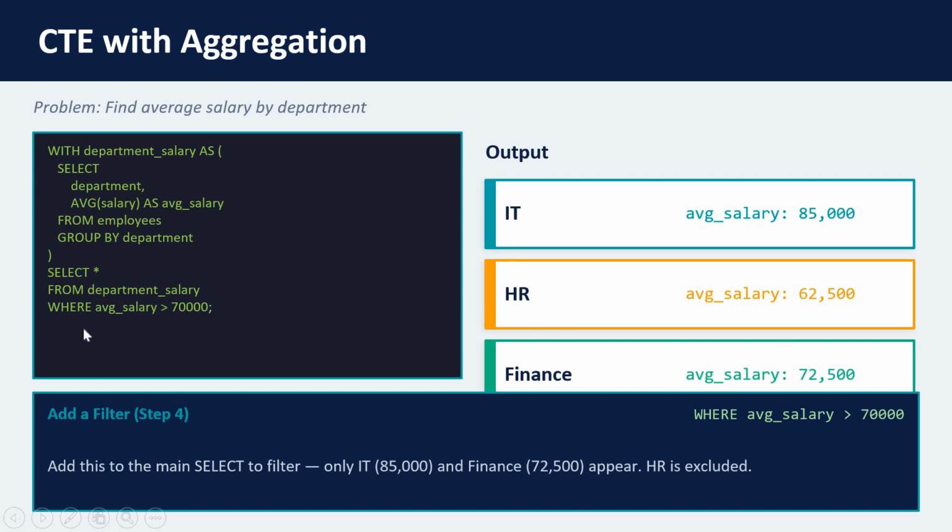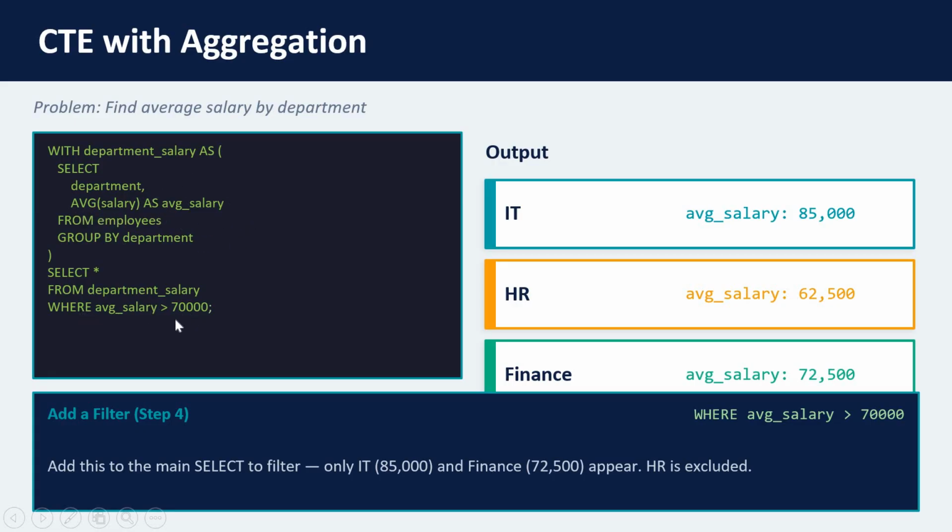But if I put a where condition also, for example, add a filter, what do we have to filter? Average salary should be greater than 70,000. So then we have to use a where clause also. So the where clause we have to put over the average salary. So what is average salary? Average salary is what we have calculated through the average function, as we have given the alias average salary, right? So average salary again is not an exact column in a table. We have just calculated it for the average salary only. So that is dealing here only.